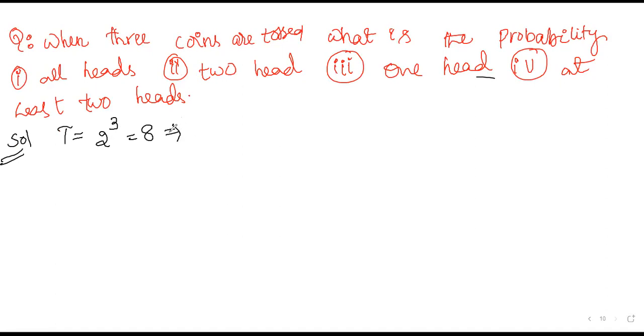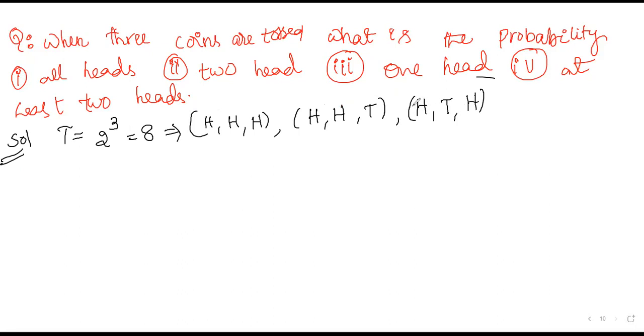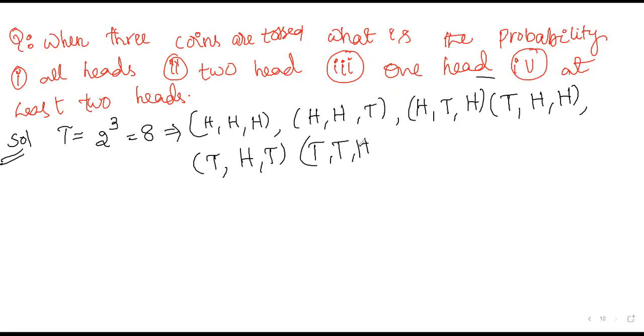Then write in detail what they are. First thing is 3 heads. Or 2 heads and one tail could be there: head, tail, head, or tail, head, head. Or a tail and a head could be there. Or all tails could be there.